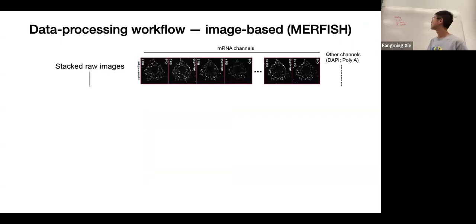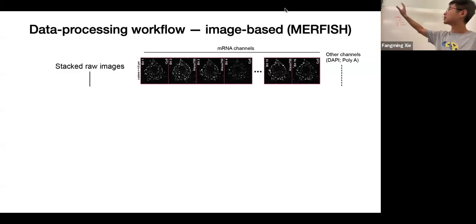So first of all, how can we get a table like that from the raw imaging data? If you still remember how we do spatial transcriptomics, the first paper we talked about is called MERFISH, right? They use imaging to hopefully get a lot of gene expression information from many cells. So how is that done?